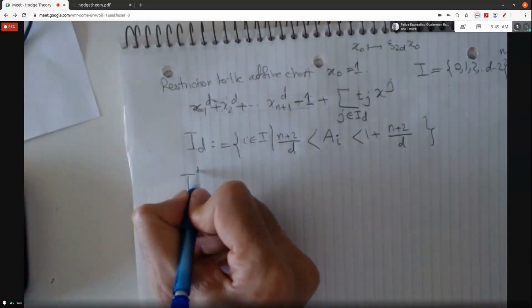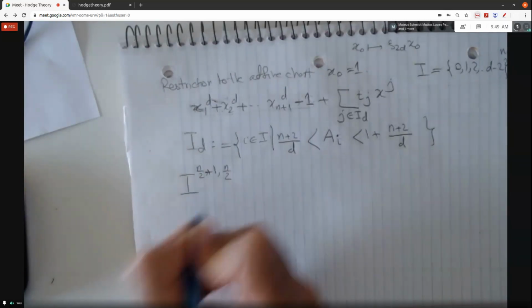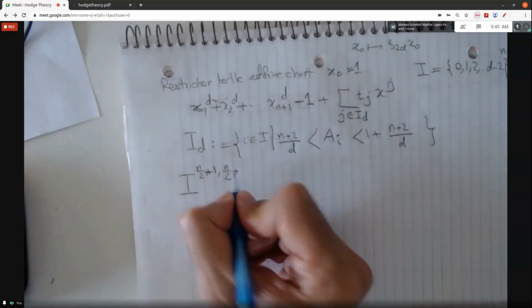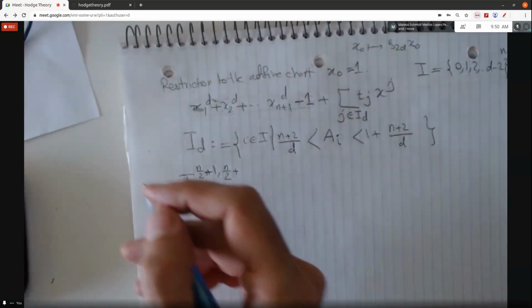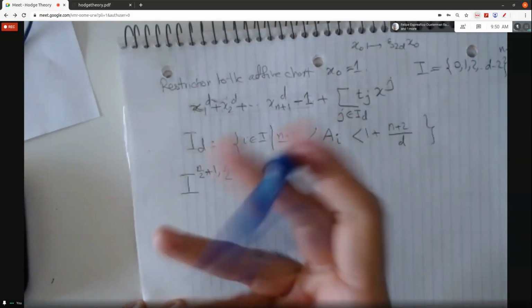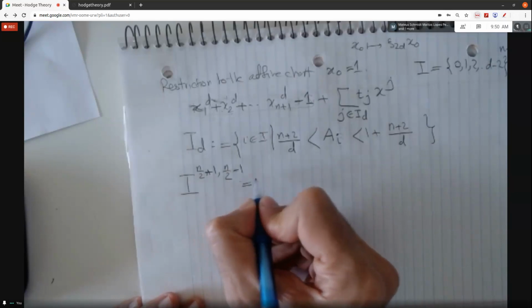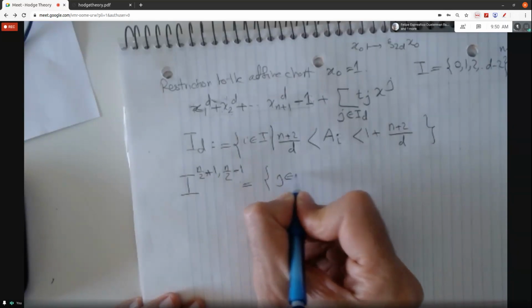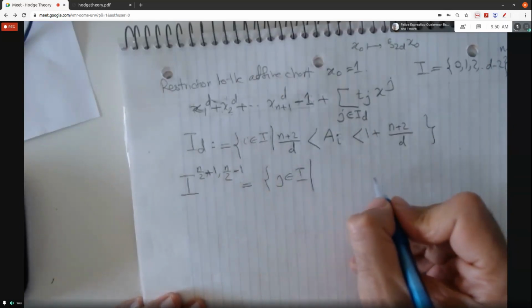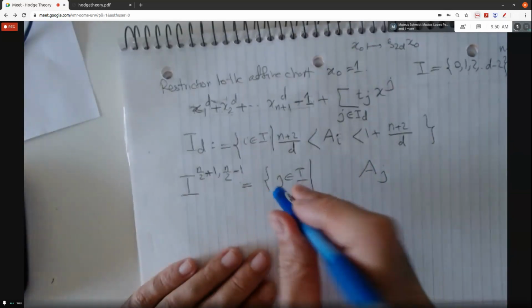So let me also define these. These are just notations that I am using after translation to the affine chart. This is G in I, such that AG. Let me. Okay, let's see. Could be the same I.